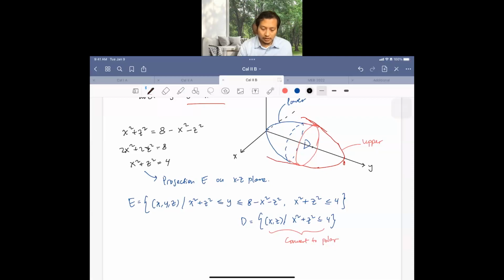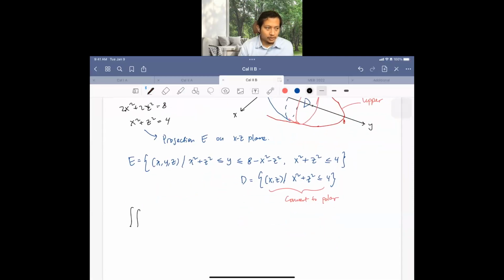And let me just write the idea here, E dV, and this will be D, and the inside integration will start from x squared plus c squared, and then this will be 8 minus x squared minus c squared. This will be dy, and then this is, let's say, dA.